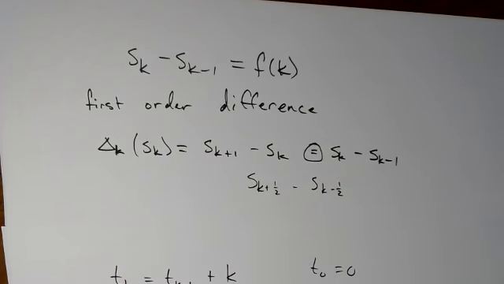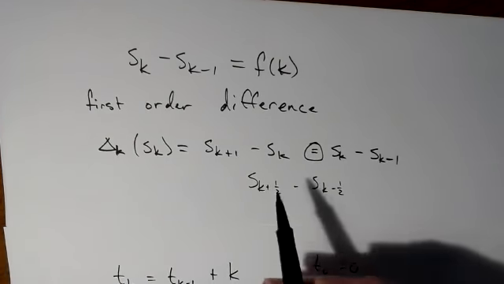Now that only works for some sequences that better approximate a continuous function, a function of a real variable instead of an integer variable. So you don't have to worry about all of those.